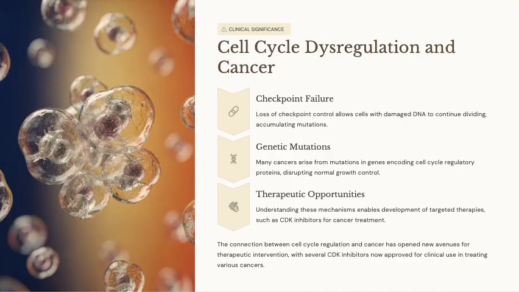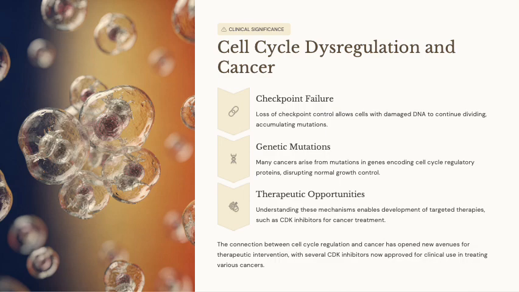Now let's talk about the clinical significance of the cell cycle dysregulation and how it is related to cancer. Cell cycle dysregulation is a central feature of cancer development. One major consequence of checkpoint failure is that cells with damaged DNA are allowed to continue dividing.